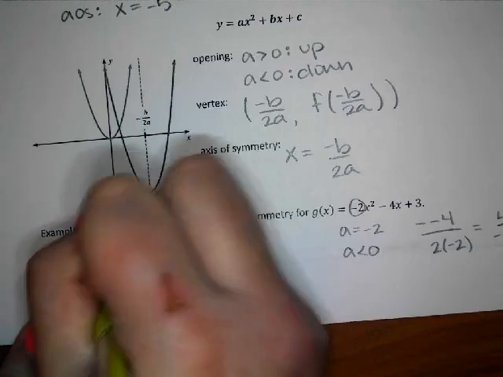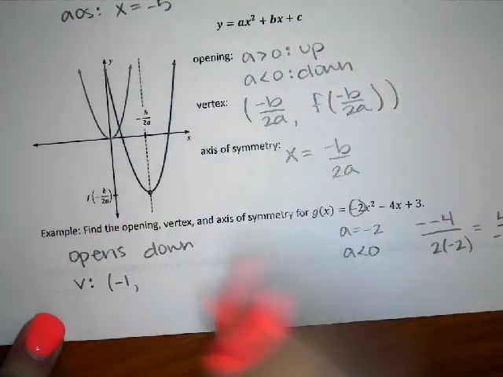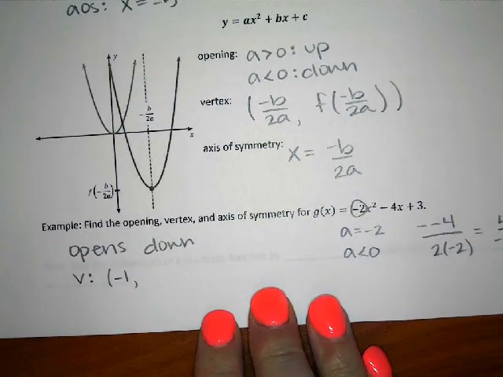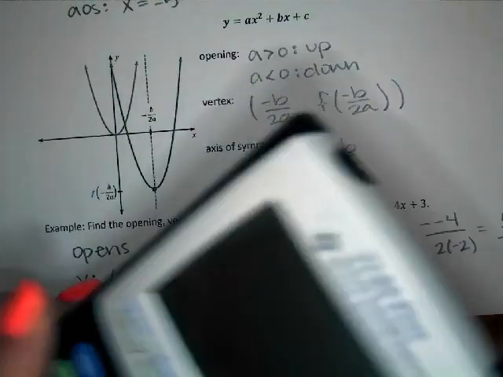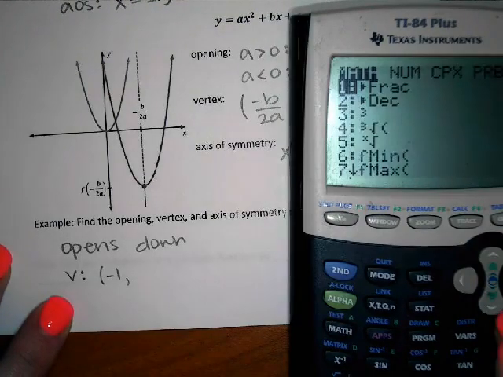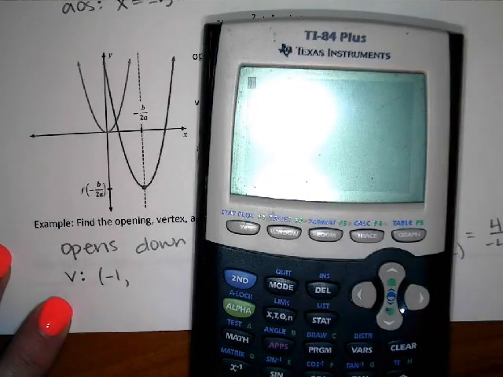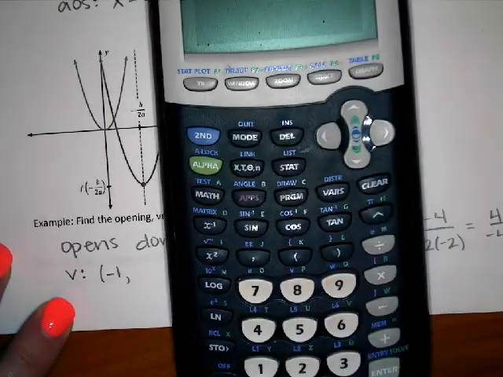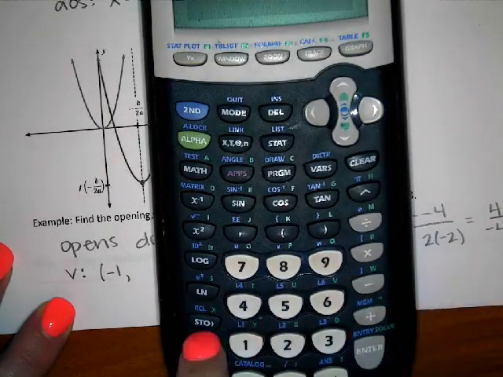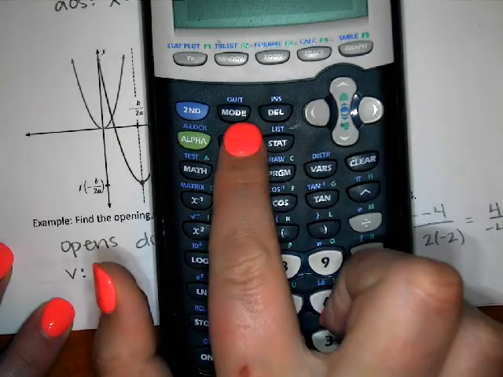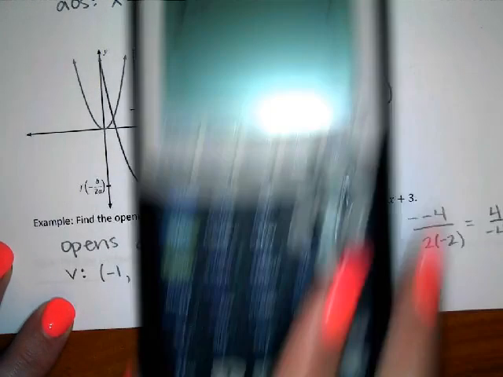To find the y-coordinate, we're just going to take our calculator and plug negative 1 into the equation. I like to do it by typing in negative 1 and then storing it, STO, storing that as x. I like to do that because then I can just type the equation and it will plug it in for me.